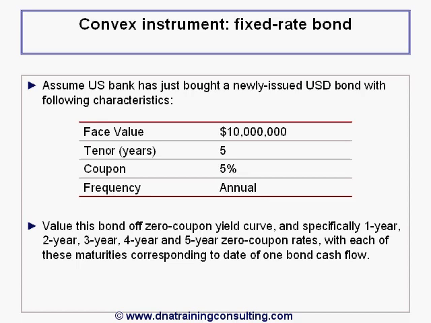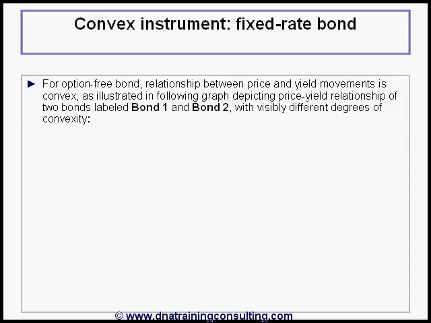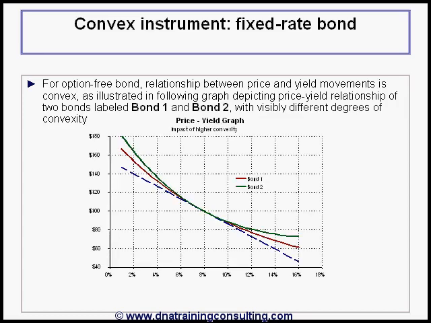In the case of an option-free bond, the relationship between price and yield movements is known to be convex to a greater or lesser degree, as illustrated in the following graph depicting the price-yield relationship for two bonds labeled Bond 1 and Bond 2 with visibly different degrees of convexity.